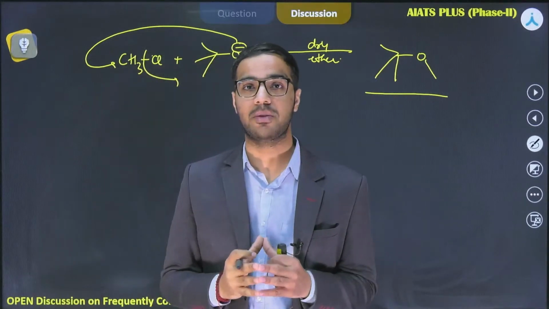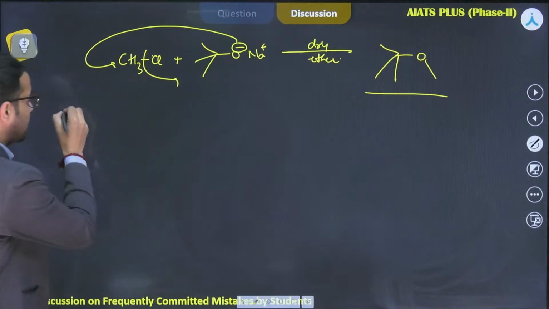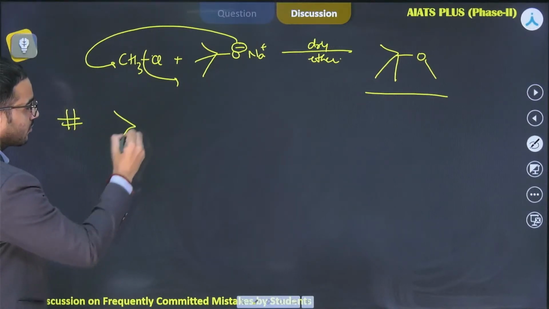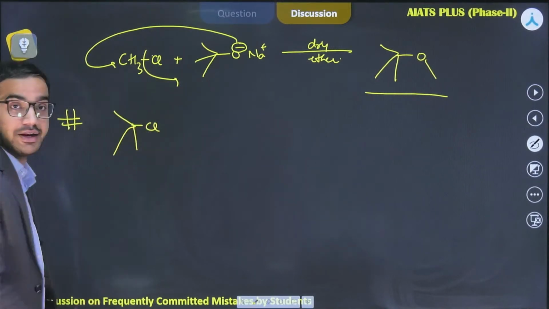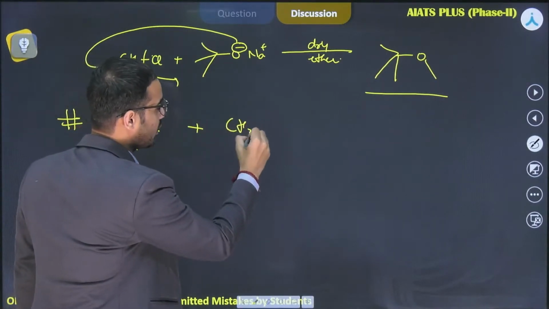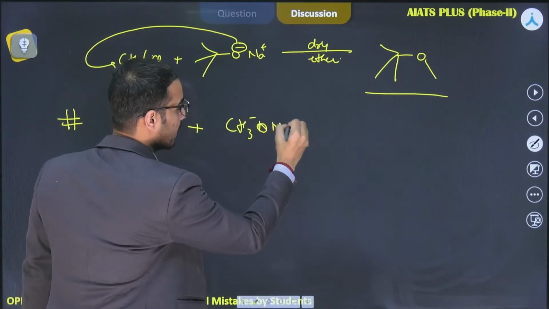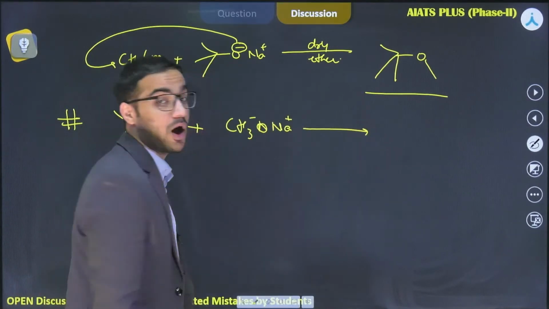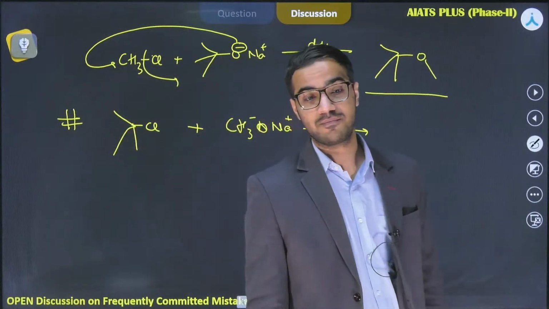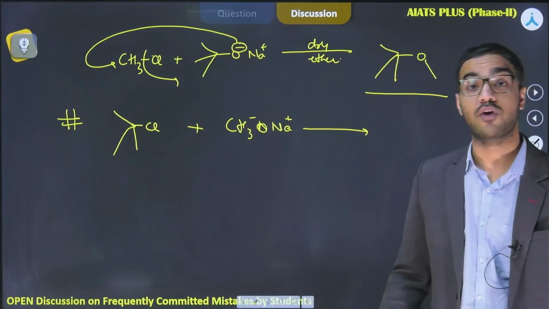But always remember, if you change the substituents here, let us say you take the alkyl halide in this manner, tertiary, and react it with CH3-O-Na plus, now the Williamson synthesis will not be followed. Why is it so?